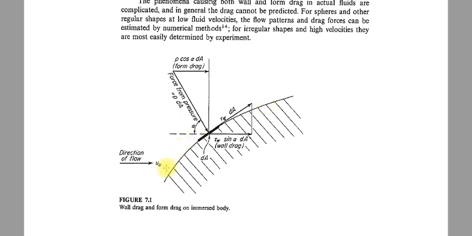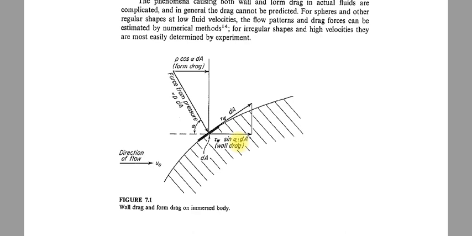Fluid is flowing on the surface, so due to the flow there is friction between the solid body and the fluid, that is called the wall drag. The friction force exerted in the direction of flow, that is the wall drag, that is tau w sine alpha.